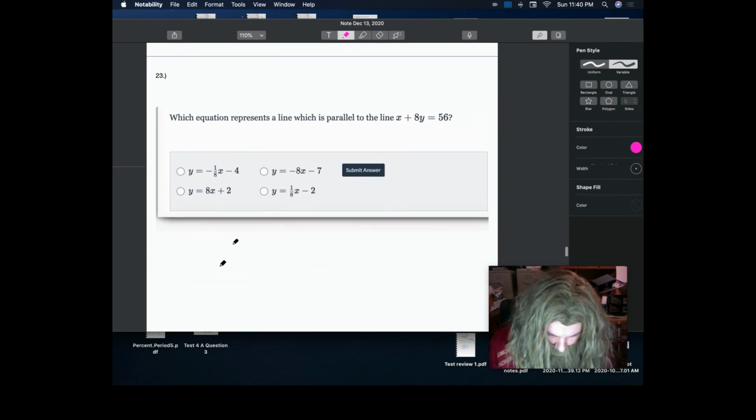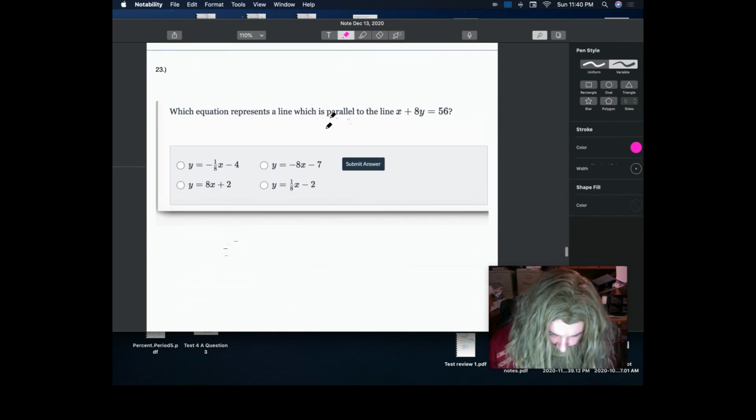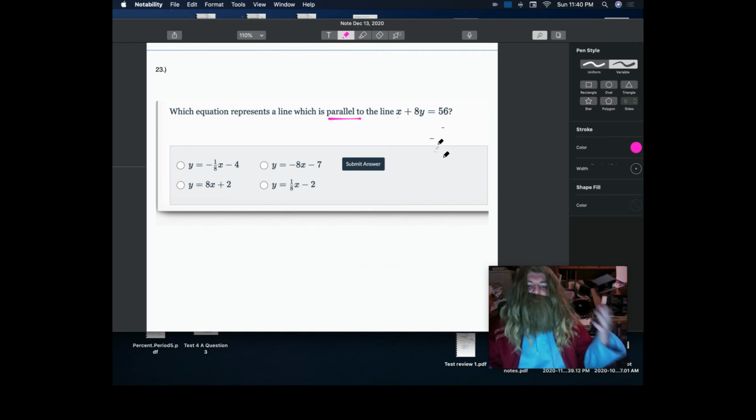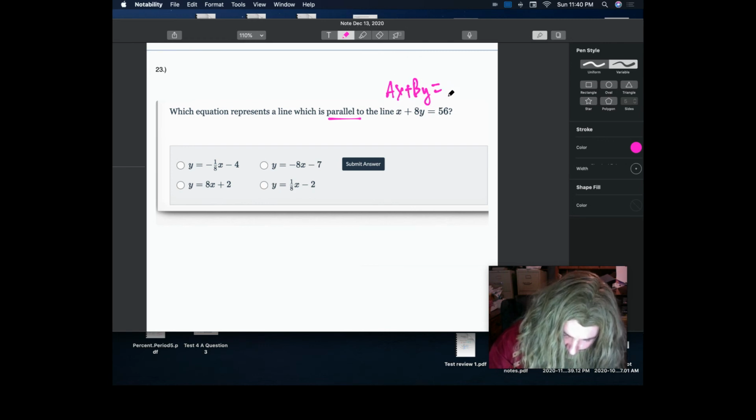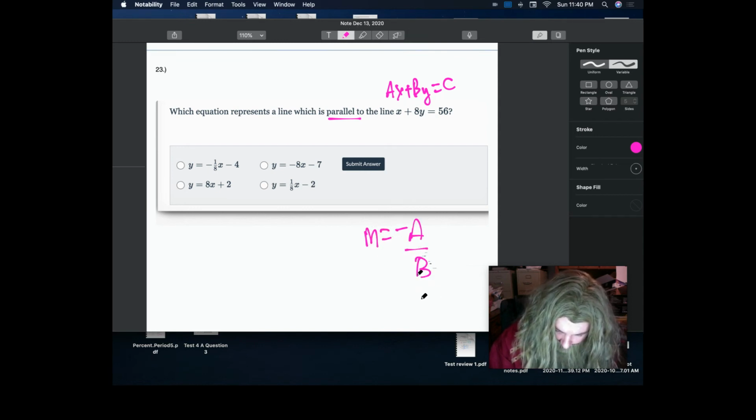Let us move on. Which equation represents a line parallel to the line x plus 8y equals 56? Here they try to trick you, but it is the same process as before. The only difference is they are putting it in ax plus by equals c, which is called standard form. So I already know my slope, which is negative a over b, must be negative 1 over 8.